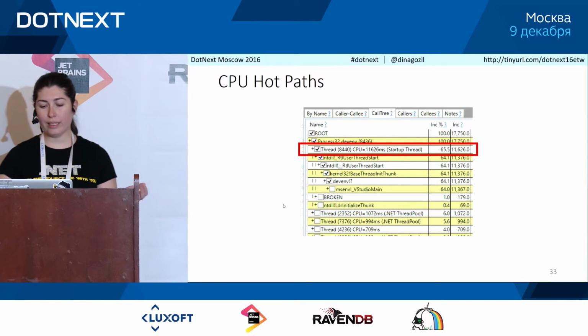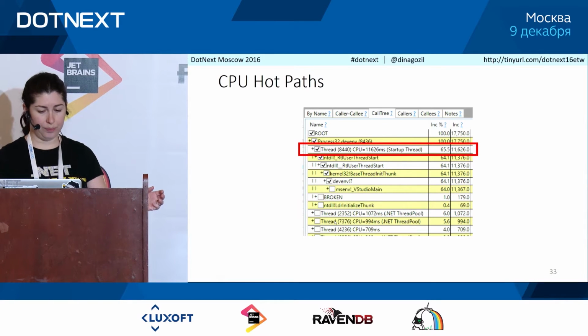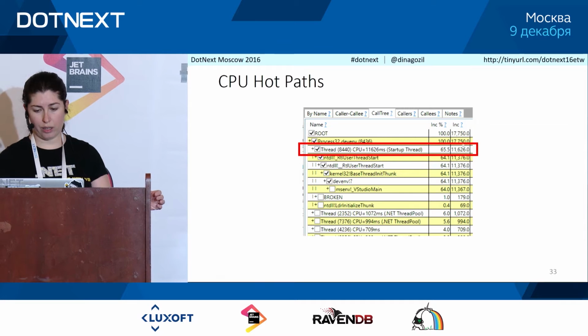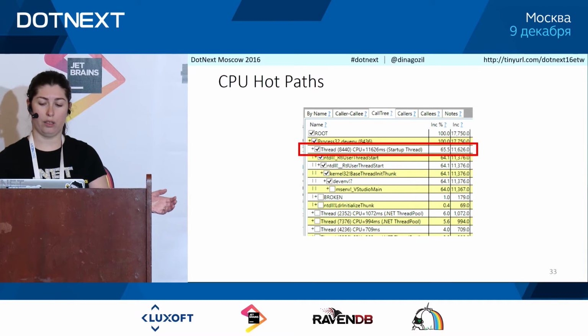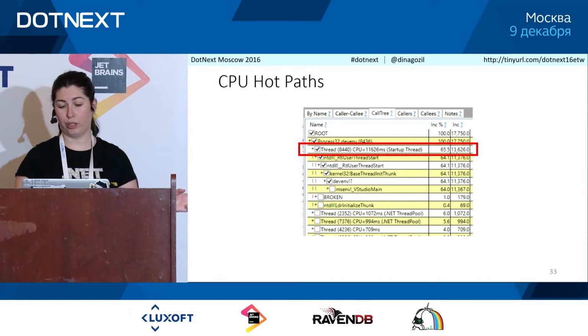And what I can see here in the call tree view, it's grouped by threads, and I have the startup, the main thread here, and I see that the entire boot process that I collected was 17 seconds, 11 of which were on the main thread.